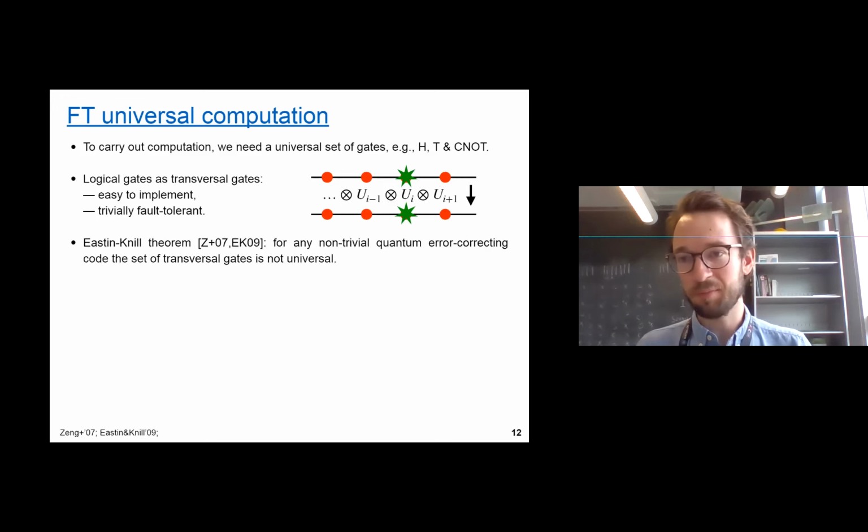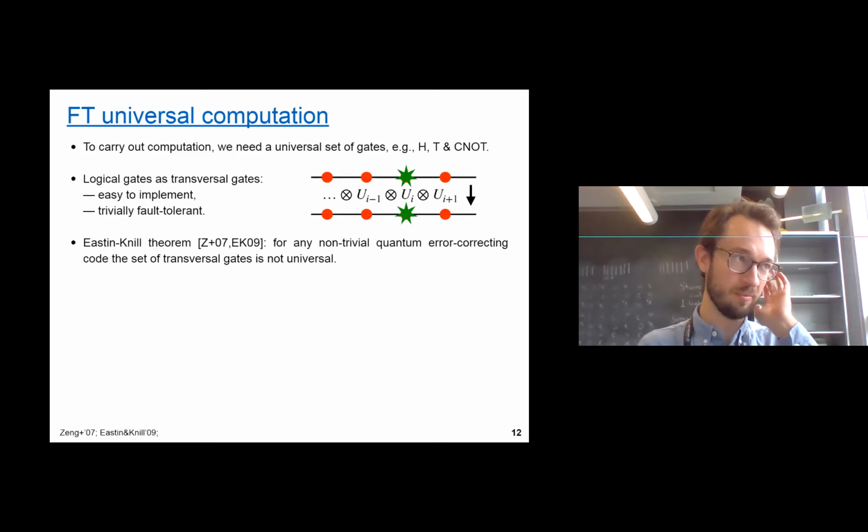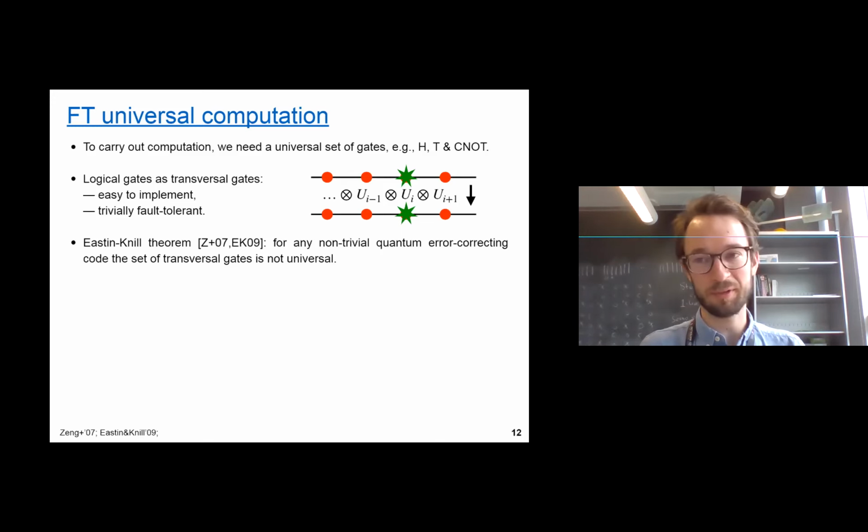And then there's an important no-go theorem, proven for stabilizer codes, I think, by Zeng and others, and then for more general codes by Eastin and Knill. For any quantum error correcting code capable of correcting one erasure, or one error, I can't remember which, the set of transversal gates is not universal.